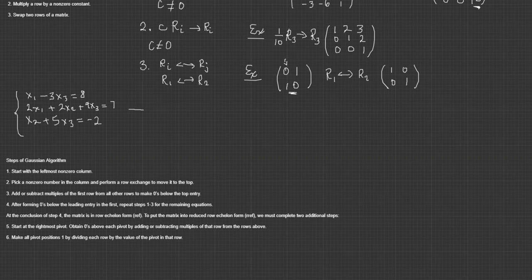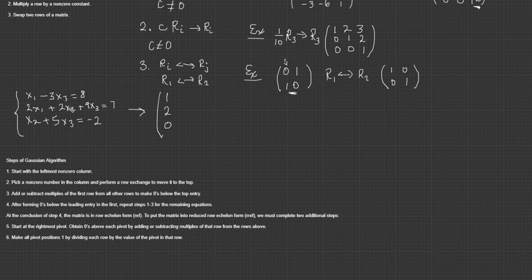So first, let's go ahead and get these equations into matrix form. To write this as a matrix, we take the coefficients of x1 from each equation in the system, and that's going to be the first column in our matrix. In this case, that would be 1, 2, 0.